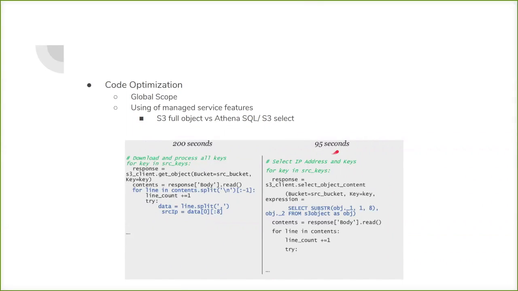So in AWS benchmarks, these two solutions have given results. The first way, getting the entire object and doing the processing by yourself, has given 200 seconds, where it has gone down 50% when making use of AWS managed service features.